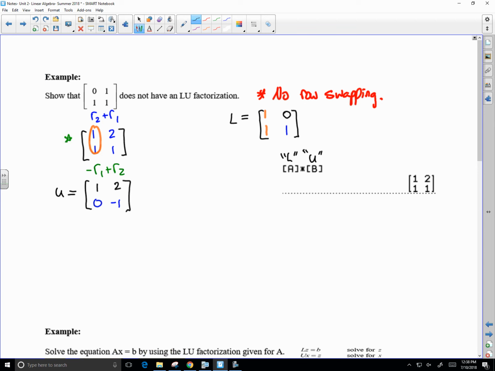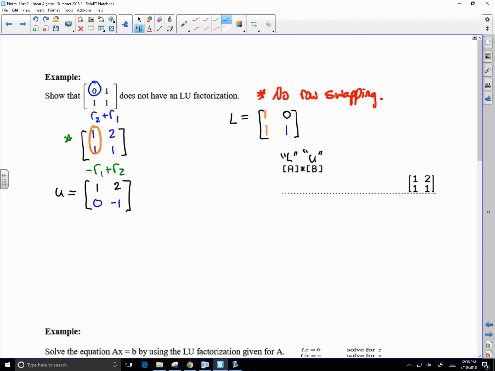This position is the pivot position in the LU decomposition technique. I would have to divide every entry in the column by that 0 in order for the algorithm to work. So I can't divide by 0, so it would not have the LU factorization, right?